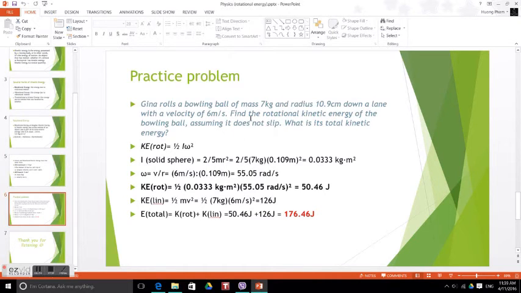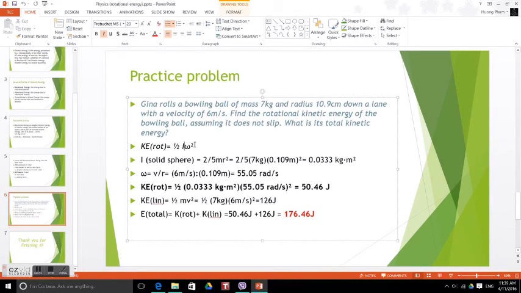The mass is 7 kilograms, and the radius in meters is 0.109 meter, squared. We calculate and we get 0.0333 kilogram times meter squared. Okay, so we got the inertia.